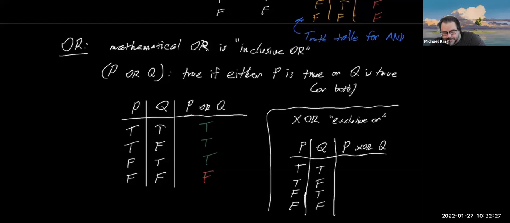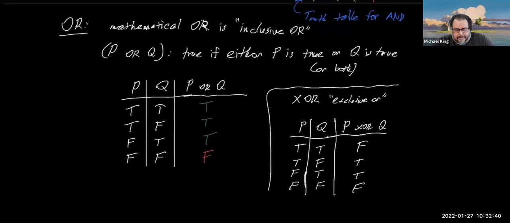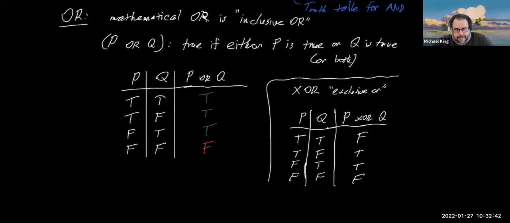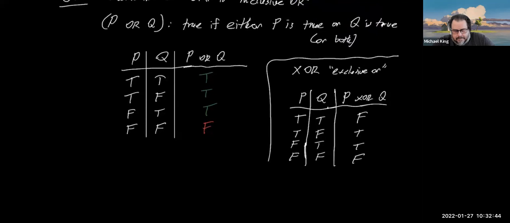And so if they're both true, this is actually considered false. So the truth table looks like that.